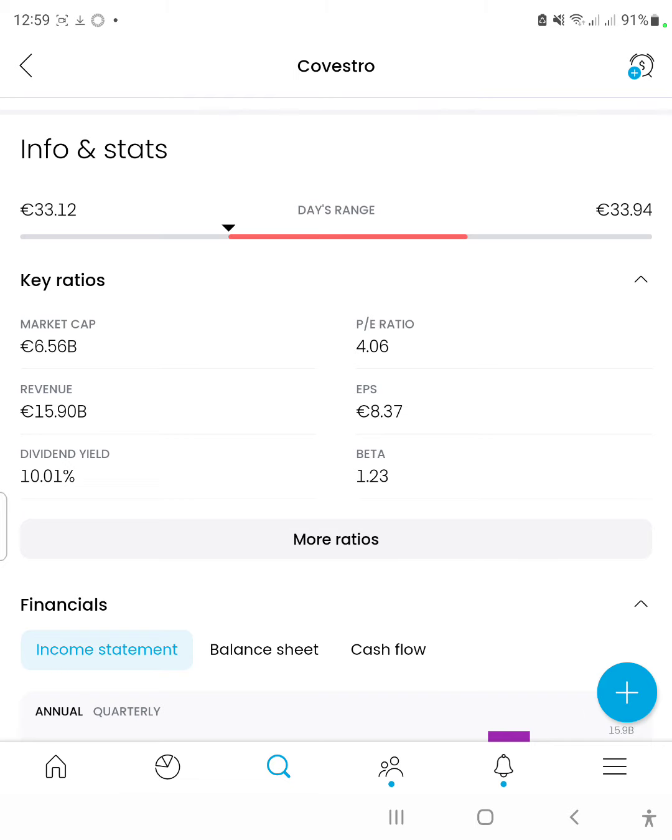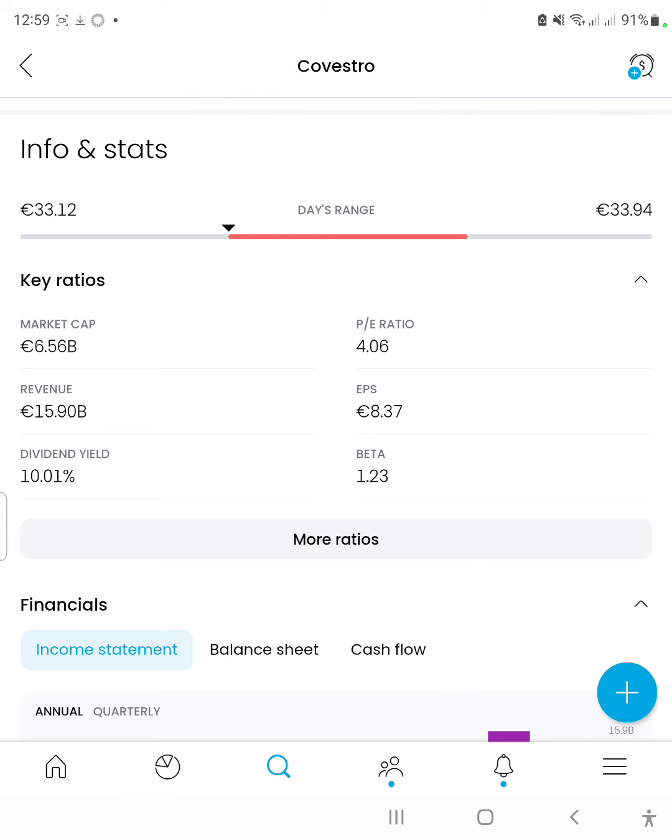So the PE ratio is 4.06, which is really good. Usually a really good level would be about 10, but we rarely find that. But as I said earlier, we are in quite a dire economic situation where all the prices of most stocks have gone down quite substantially.